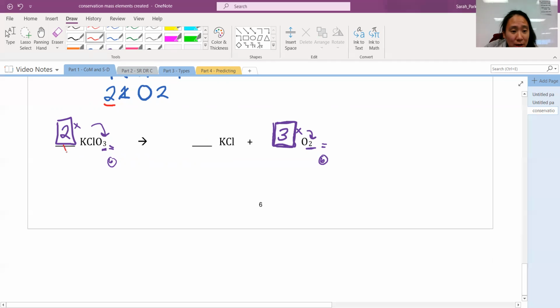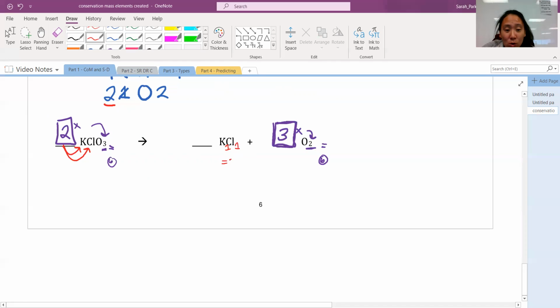When I put a 2 here, I now have 2 Ks, potassium, and I now have 2 chlorines. A coefficient affects every number in the compound, right? So now I have 2 Ks and 2 chlorines I need to worry about. But over here, I see that I only have 1 of each.